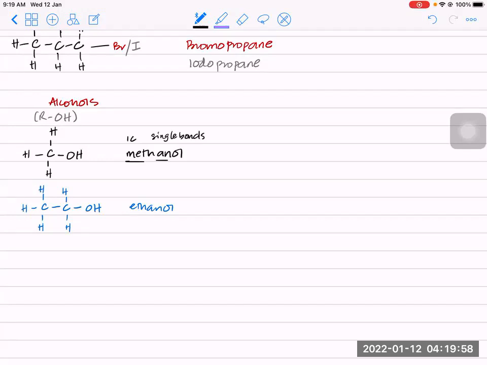It has single bonds. That's why we call it an, and ol because it's an alcohol. Likewise, eth because it has two carbons, an because the carbon-carbon bonds are single, and ol because it's an alcohol.